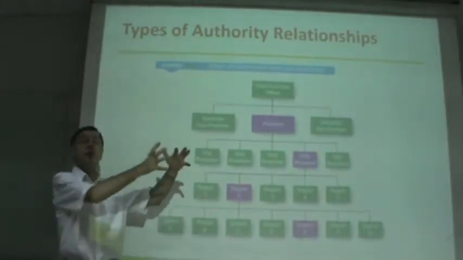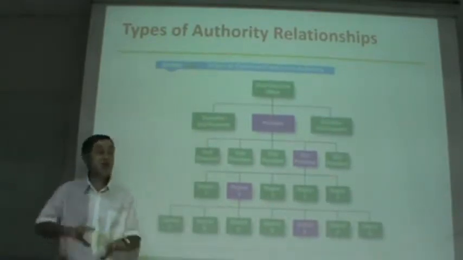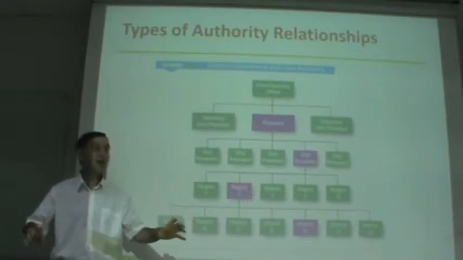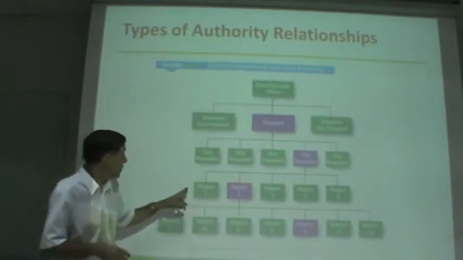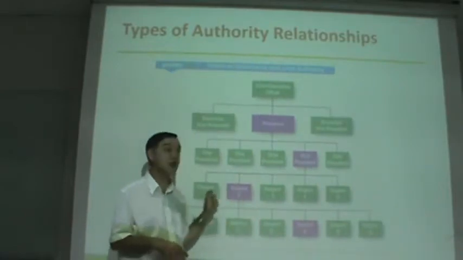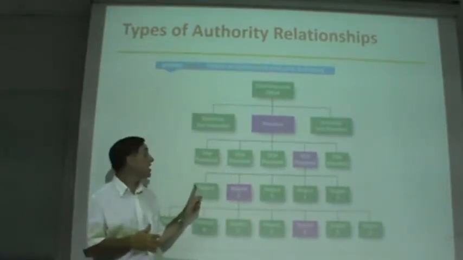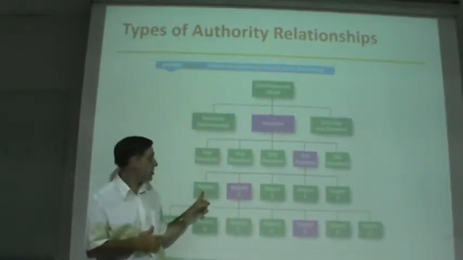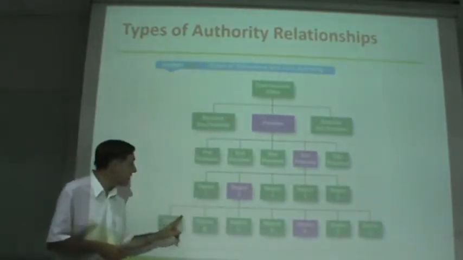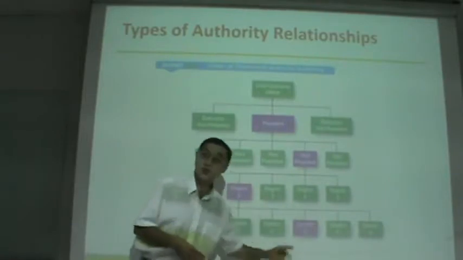Region 2 will be the west coast. Region 3 will be southern USA. Okay? So you will have different regions. And you're going to see the vice president will be divided into what we now call regional managers. Regional managers. And then within the region you're going to have districts. Districts.